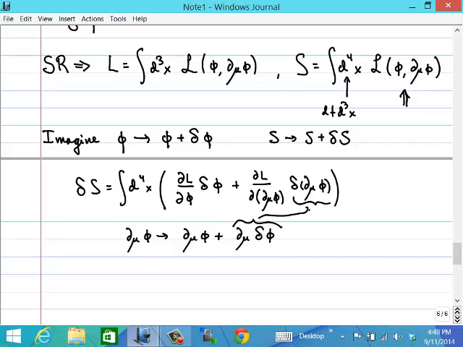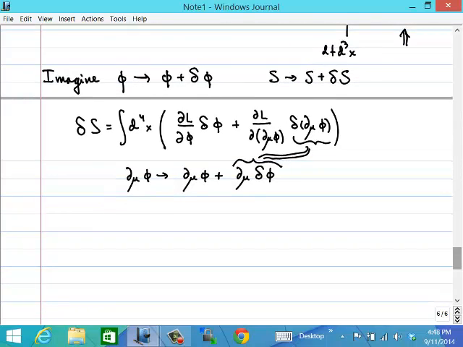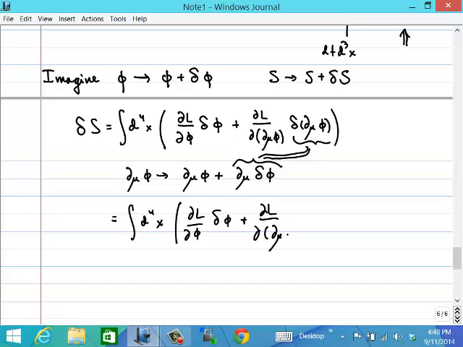So the variation of the action is the integral d4x of dL by d phi times delta phi, plus dL by the derivative with respect to d mu phi of d mu delta phi.